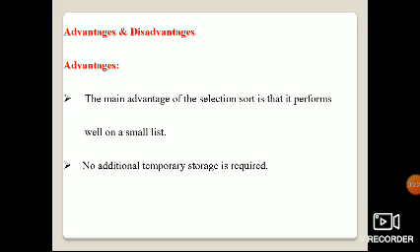For the application of selection sort, only a small list can be sorted, and the cost of swapping does not matter. When it is required, then only it will be swapped. Till that it won't be swapped, just checked. Checking of all the elements is compulsory. This is the applications of the selection sort.